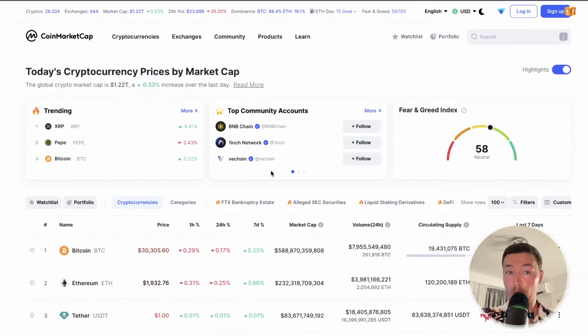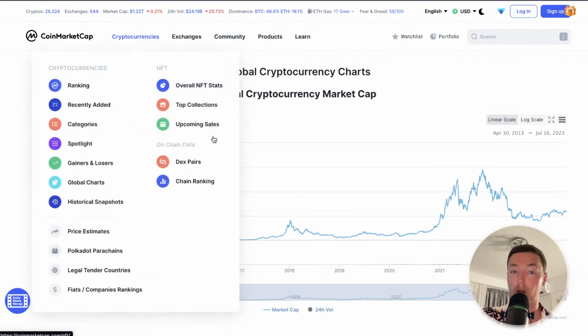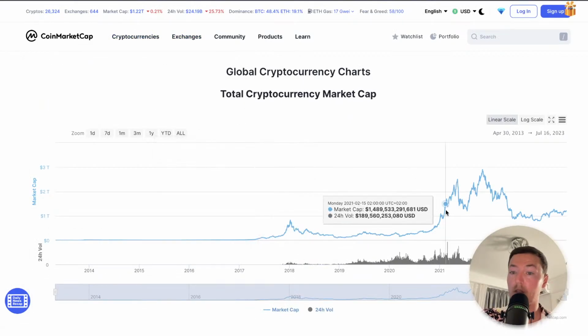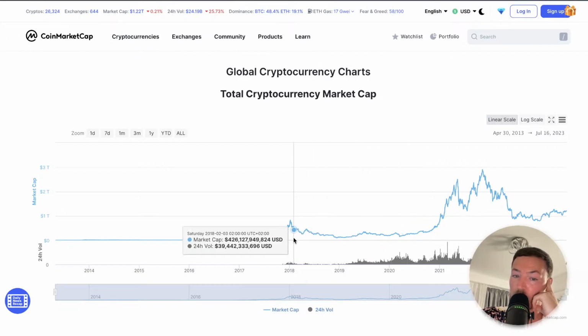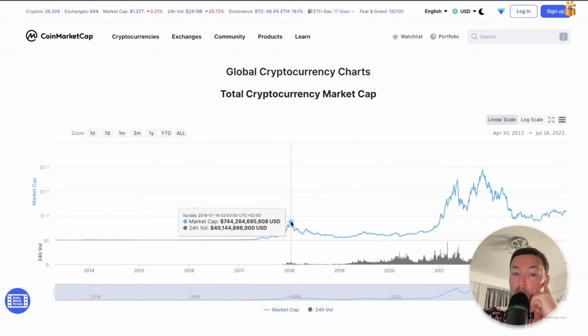Number one reason is there is a market cap of $1.2 trillion for the entire cryptocurrency market. Remember that number, $1.2 trillion. XRP currently sits at 77 cents. If we go to the 2017 bull run, where XRP was $3.30, the peak of the market cap at that time was around 800 billion.